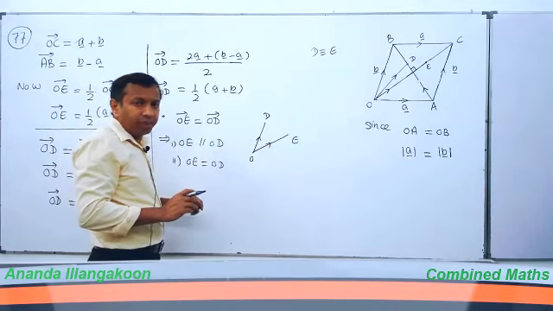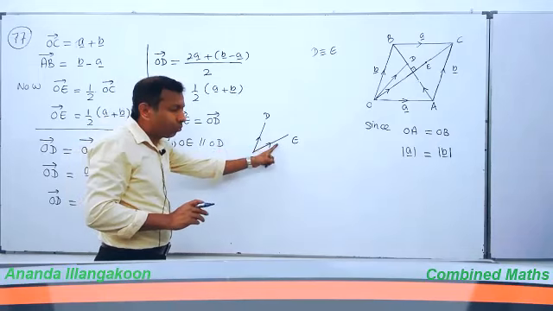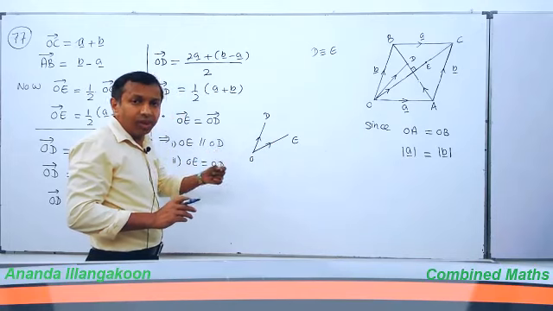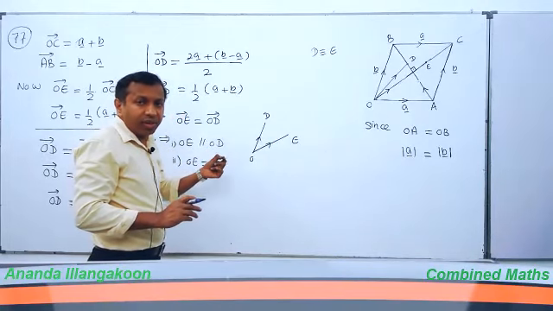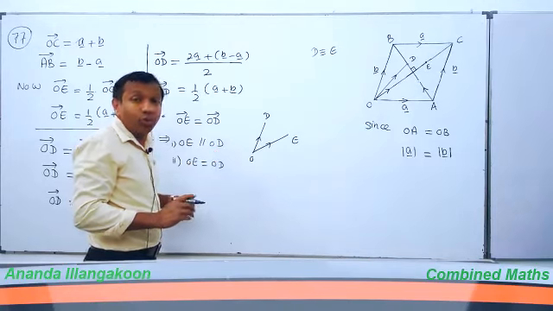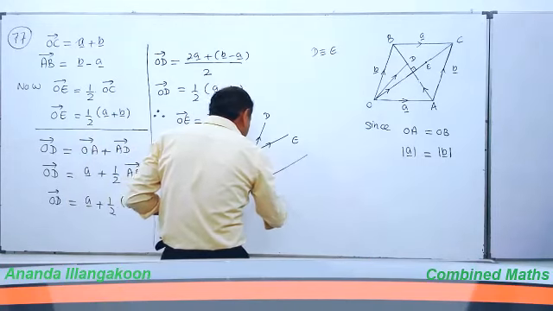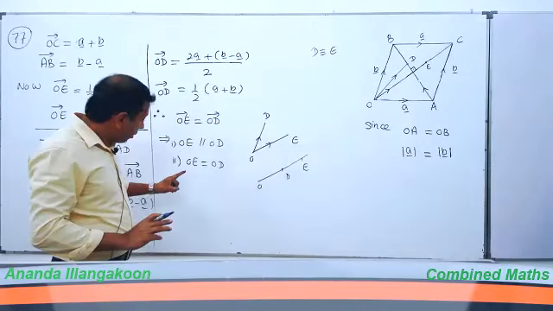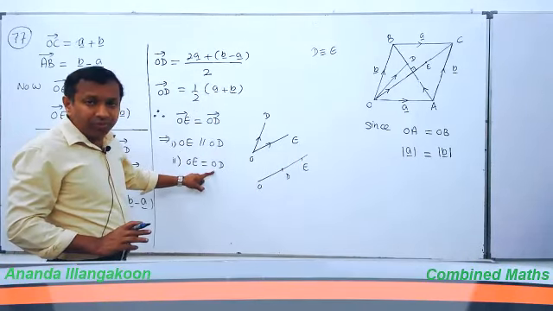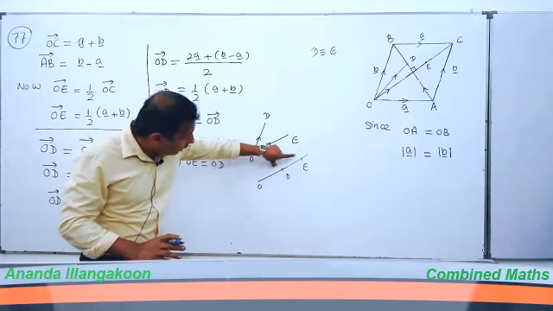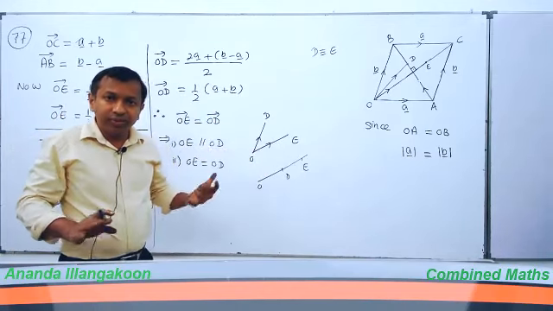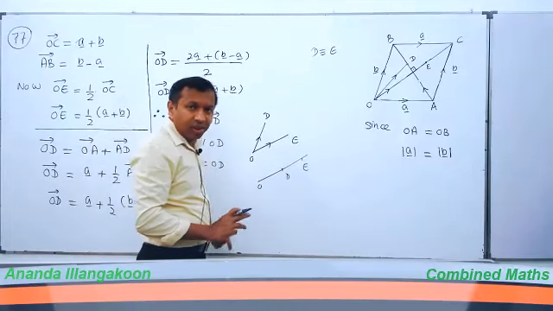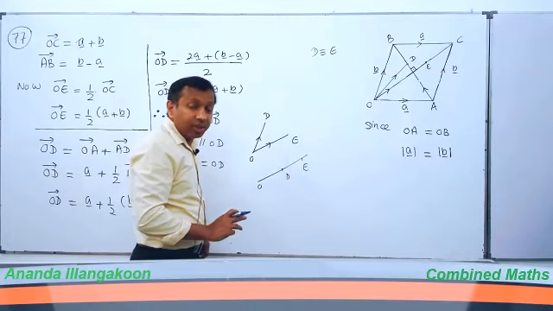OD and OE being parallel means either OD should come onto OE, or OE onto OD. Anyway, people, O, D, E should be collinear. By OE equal to OD, the O to D length and O to E length should be equal. That means either D should go to E, or E should come to D. Anyhow, people, this says D and E coincide.